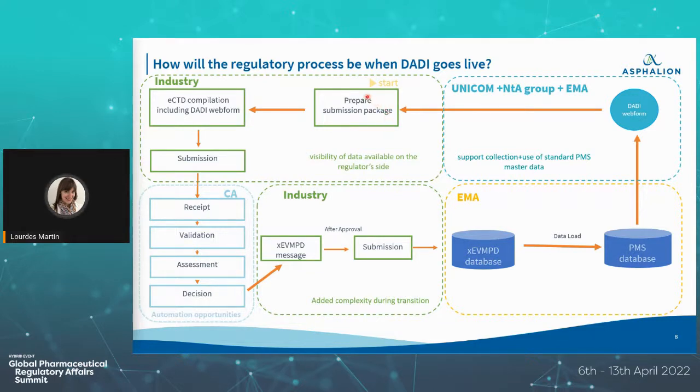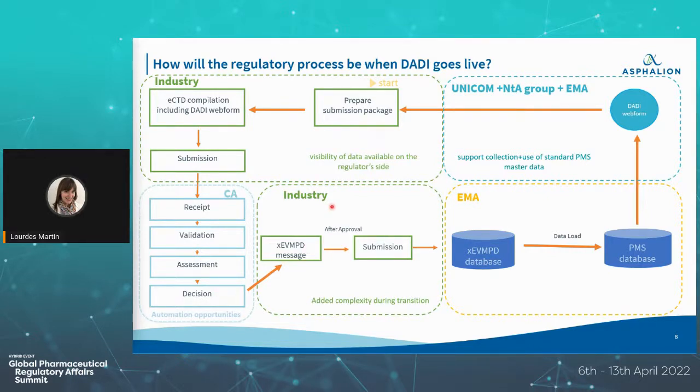When the industry starts preparing the submission package, we know that they will be using a DADI web form for that variation that will be feeding from data from PMS, which we saw already has data coming from XEVMPD and CMN. So the industry will prepare this submission, compile the eCTD sequence including the DADI web form, and do the submission. The competent authority will go through their usual steps until the decision.